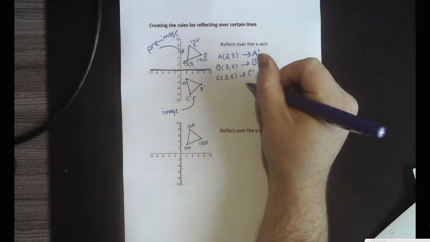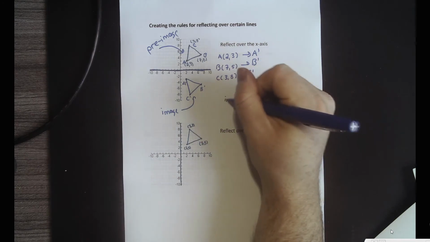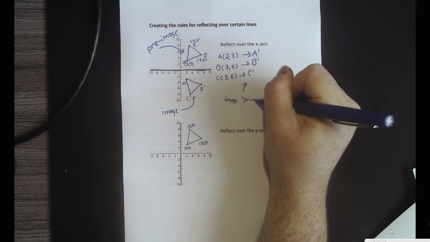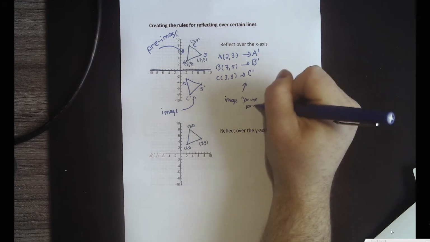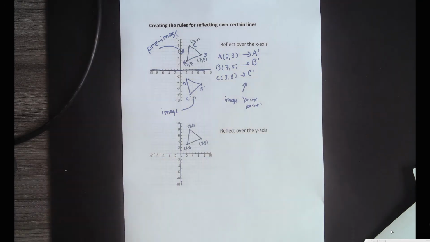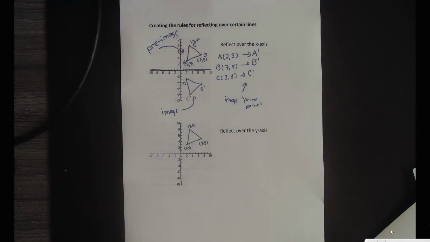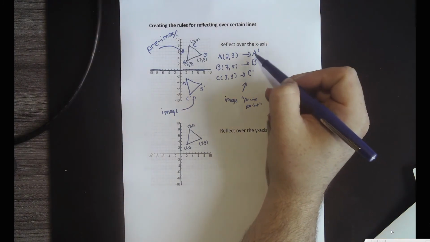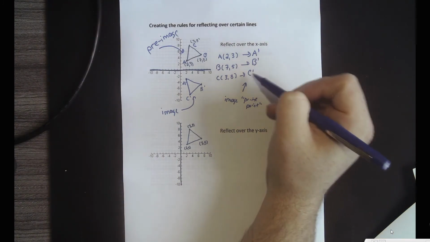And you can tell because the image will have what's called prime points. These prime points are just the A, B, and C again, but with the prime there. You see the little apostrophes, but they call them primes: A prime, B prime, C prime.